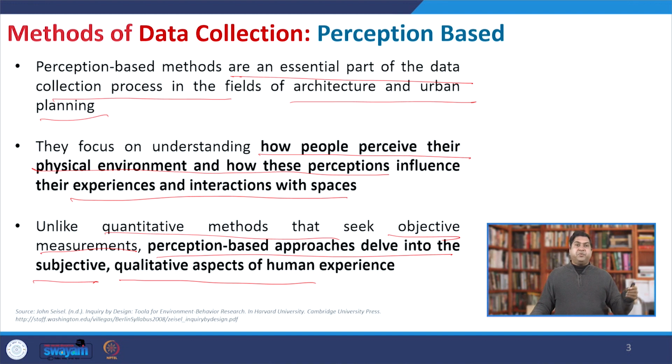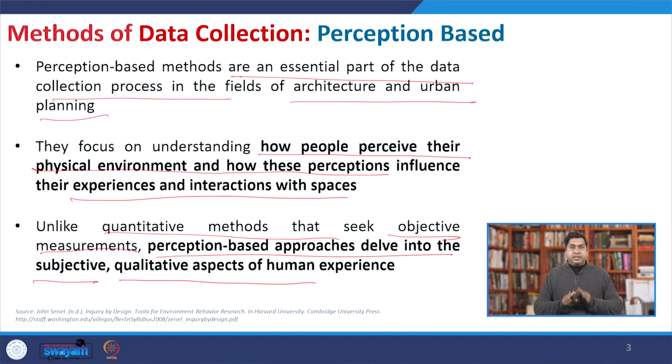But if I ask what your income is, or what your age is, those kinds of information we are again taking through participation. Whenever we get that information, it is of a quantitative nature, but here we are going to observe their perception. So mostly the perception part is qualitative in nature.